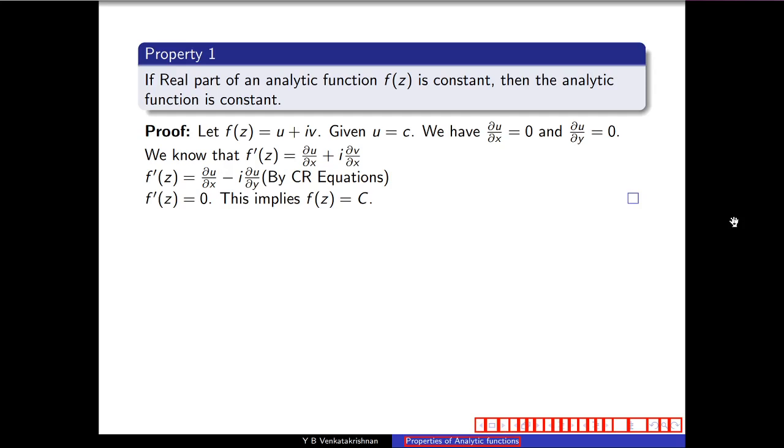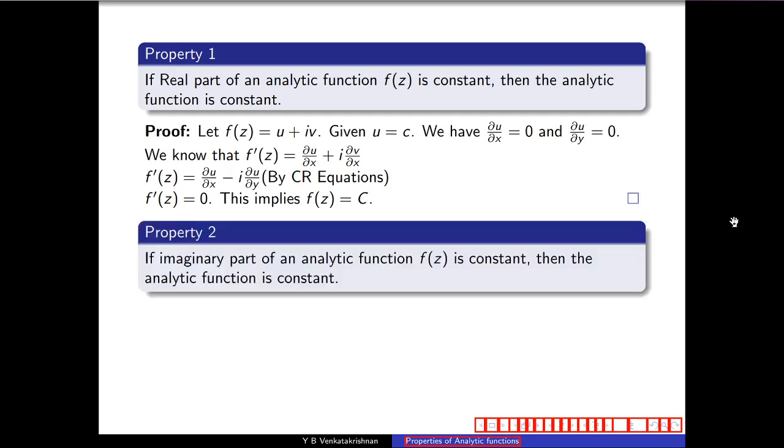So we get f dash of z is equal to 0. From that we get f of z is equal to some constant, capital C.